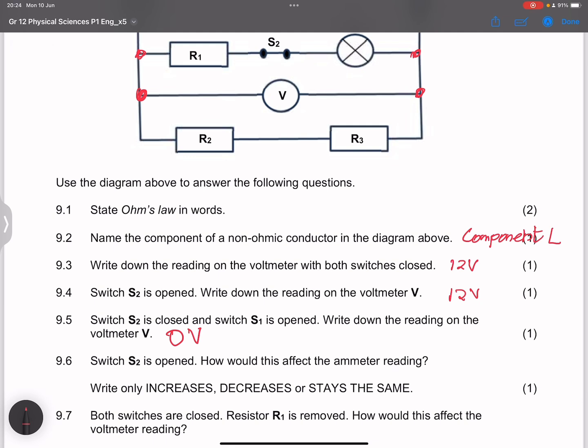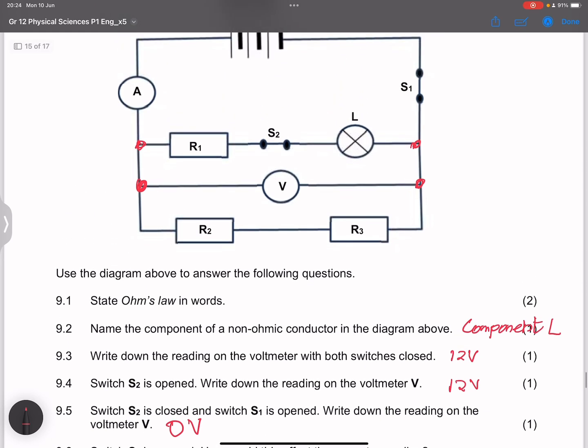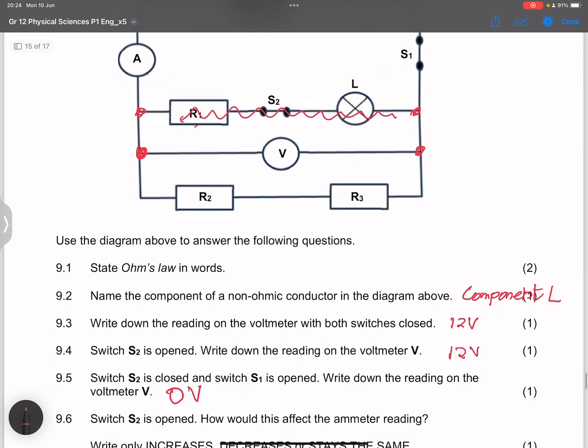So they say switch S2 is opened. How would this affect the ammeter reading? Increase, decrease, or stay the same. The moment we open switch S2, we are removing resistor R1 and that light bulb, so it will increase the resistance.